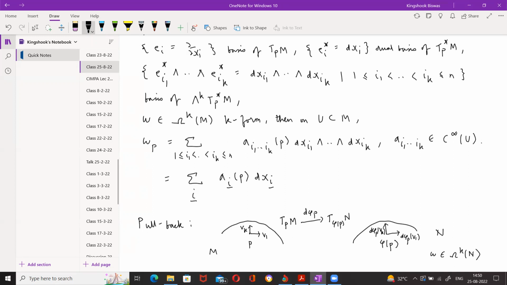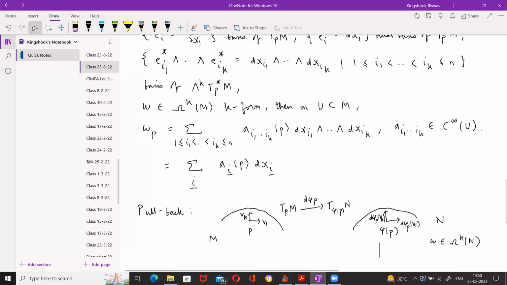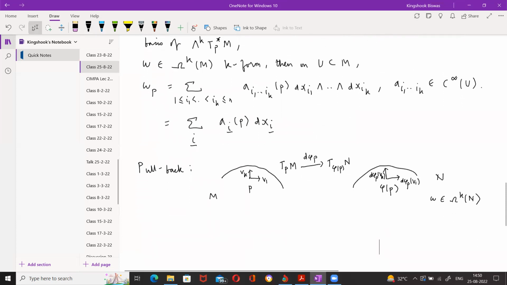And then I apply omega to these vectors. Omega acts on tangent vectors in N, and so that will give me a real number. So that will define for me the pullback.